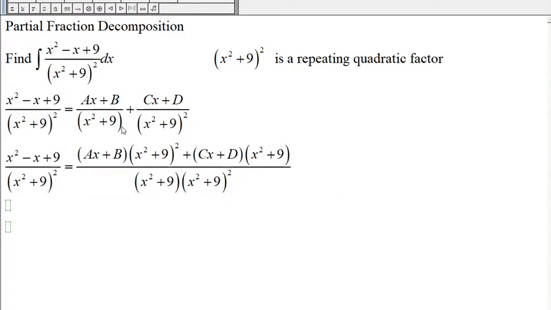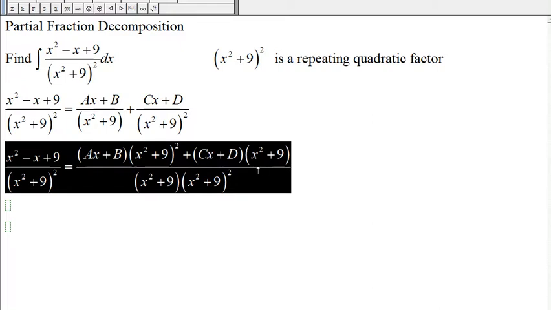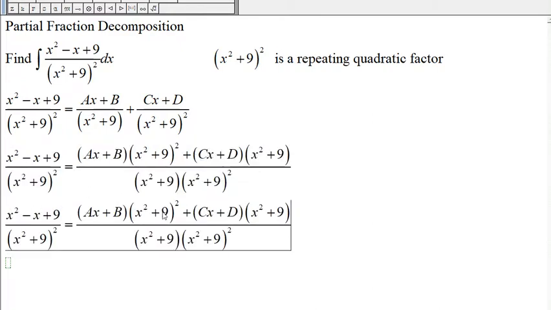The other way is we can just multiply the top and the bottom here by x squared plus 9, and then we'll end up with the common denominator of x squared plus 9 squared. If we do it like that, we'll end up with this. So here we cross multiply the ax plus b times x squared plus 9 squared, and then the cx plus d times x squared plus 9, and then divide by x squared plus 9 times x squared plus 9 squared.